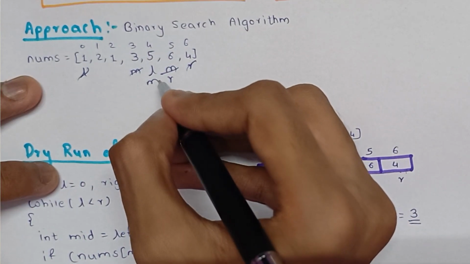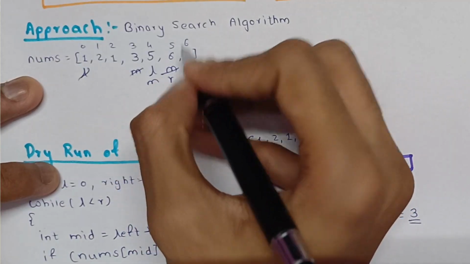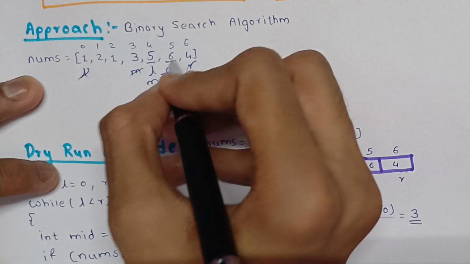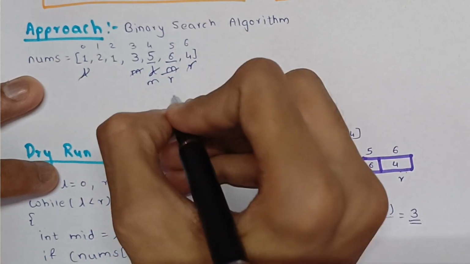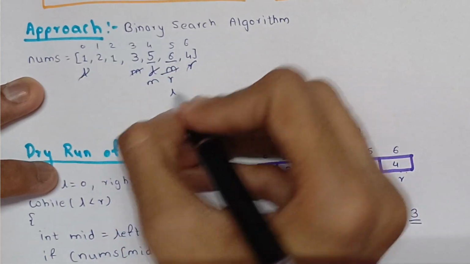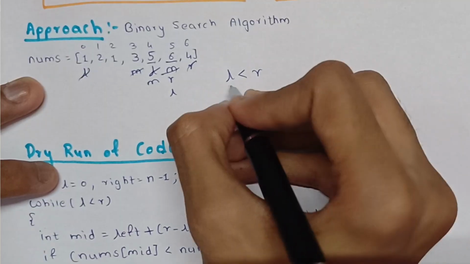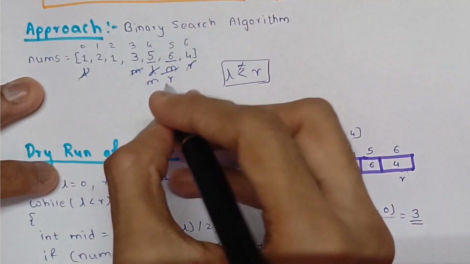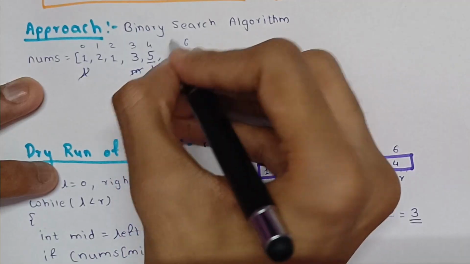Now we check whether the next element to mid is greater; 6 is greater than 5. So we will move the left pointer to mid plus 1, so left will come here. Then we check whether left is less than right. It is not less than right, it is equal. So the condition is not satisfied, and we directly return left, which is 6, meaning index 5.